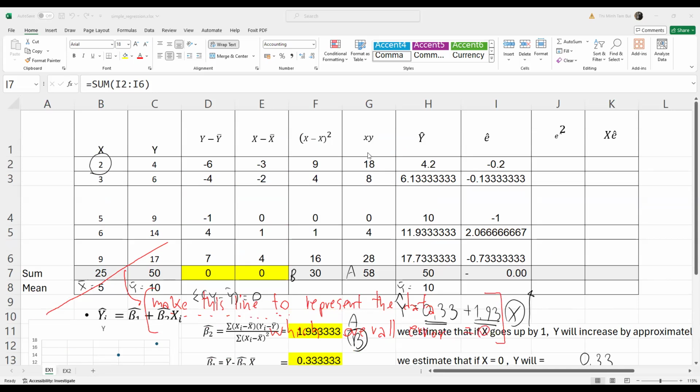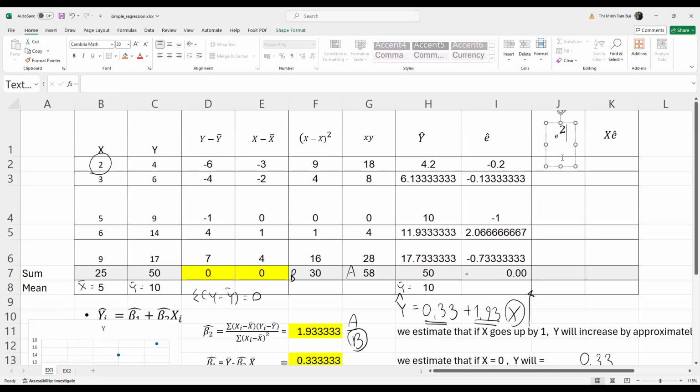And then let's try to calculate this one: error hat square. So to do error hat square, each error is squared.